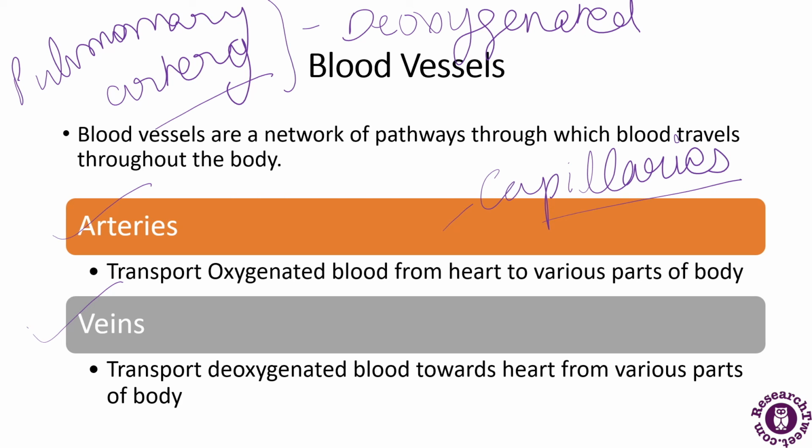Now the veins. Veins are the blood vessels that carry deoxygenated blood towards the heart from various parts of the body. As compared to arteries, veins are thin and elastic, and they are present closer to the skin. The greenish portion you see on your hand or skin is the upper part of a vein, while arteries are present deep inside the skin, so they are not clearly visible.